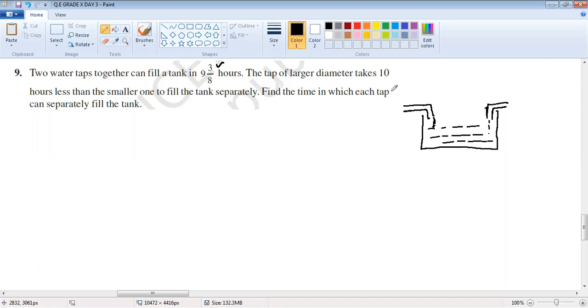The tap of larger diameter takes 10 hours less than the smaller one to fill the tank separately. If they are assigned the job separately, the larger tap, that means larger diameter, will take less time, because the big pipe works more and the small pipe works less and takes more time. Find the time in which each tap can fill the tank separately.